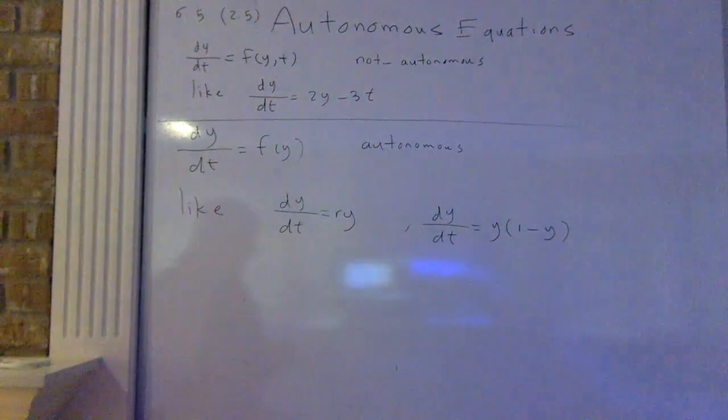So autonomous means that on the right side we have a function of y and there is no t.